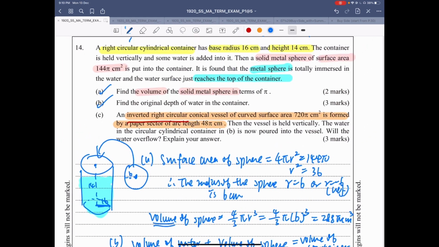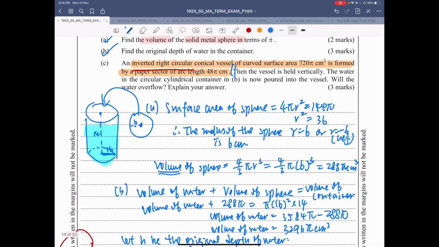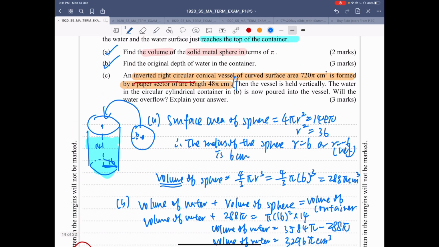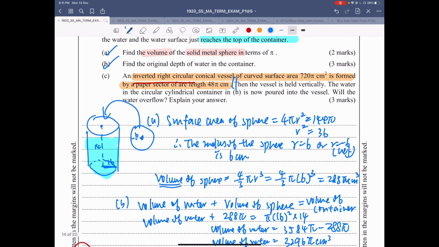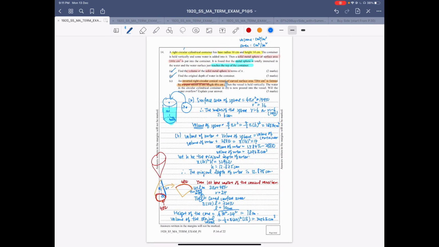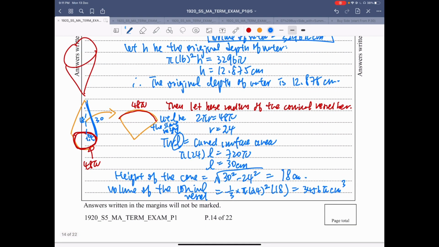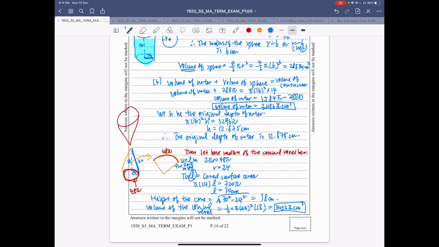Then the vessel is held vertically, and the water in the cylindrical container is now poured into the vessel. Will the water overflow? So how much water do we have? The volume of water is 3,296 pi. How about the volume of the conical vessel? 3,456 pi. So obviously, if you pour it into the conical vessel, it will not overflow because the volume of the conical vessel is larger than the volume of water.